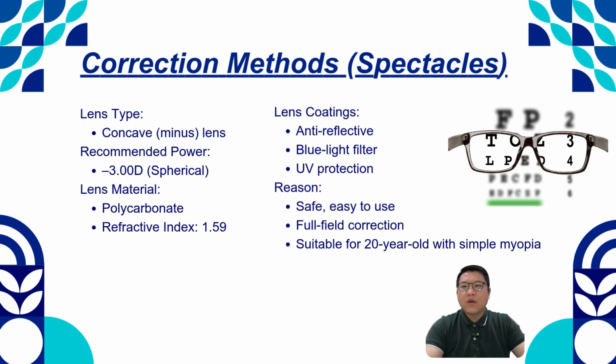To improve visual quality, the recommended coatings include anti-reflective coating to reduce glare, blue light filtering to minimize digital eye strain, and UV protection to safeguard retina health. Spectacles are safe, convenient, and ideal for a 20-year-old patient, providing stable and full field correction.